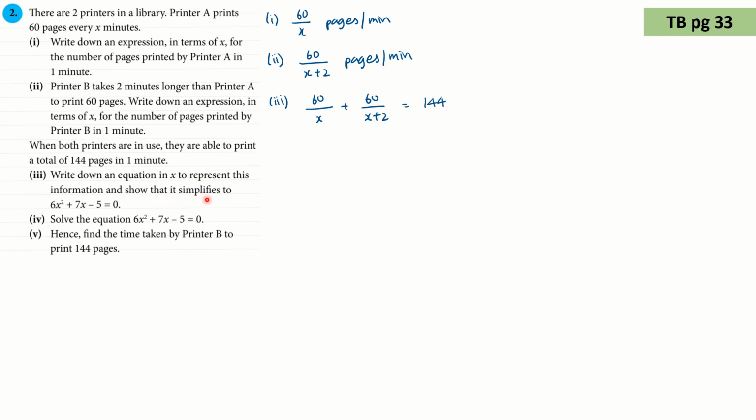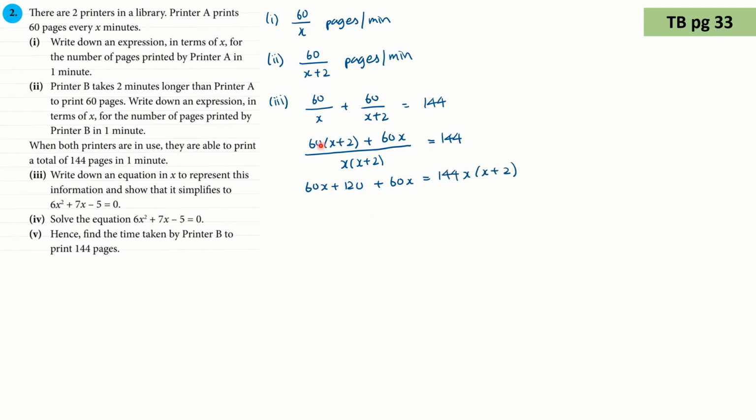Now we need to actually simplify it and form a quadratic equation. For the fractions on the left, we can create a same denominator, and that will be getting this over here, followed by doing our cross multiplication, or perhaps you want to expand the numerator and denominator first.